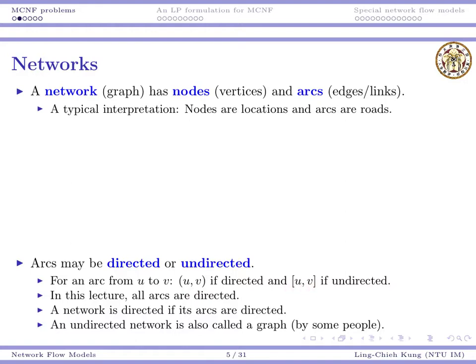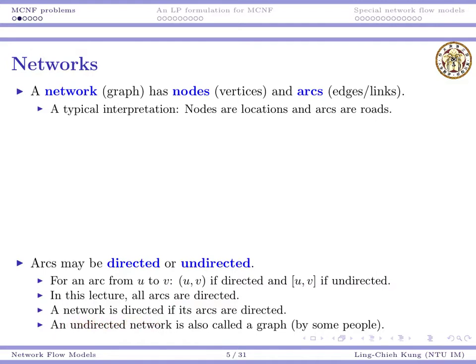When we use square brackets, that means it's an undirected arc. And a better way to say it is this is an arc between U and V, okay, if it is undirected. In this lecture, we will always talk about directed arcs, but many things we talk about today can be generalized to undirected arcs. It's just that we don't have time to talk about it.